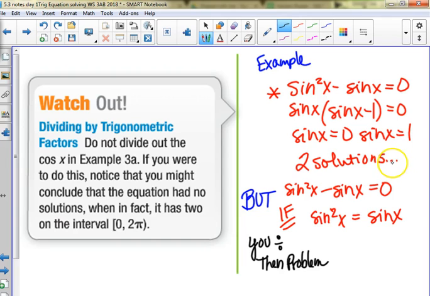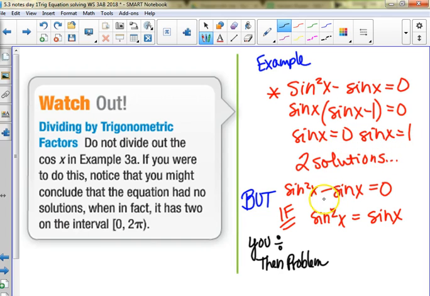Actually, I think there's 3 solutions to that. Look on your unit circle. Where's the sine 0? 0 and pi, and where is it positive 1? Pi over 2, right? So there'd be 3 solutions.